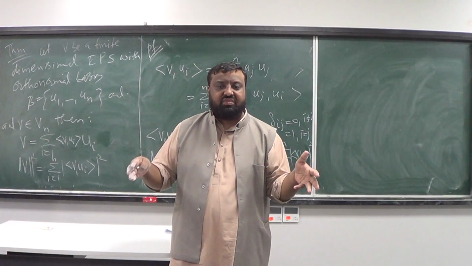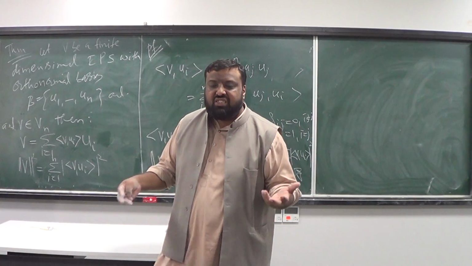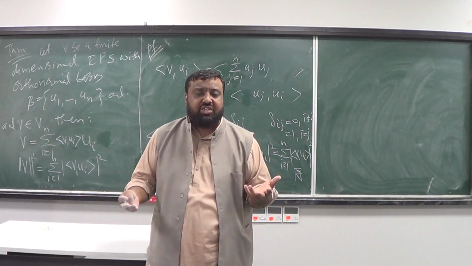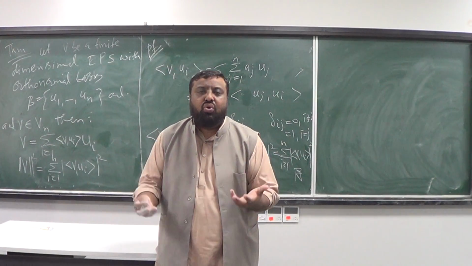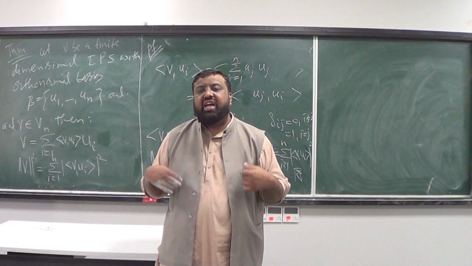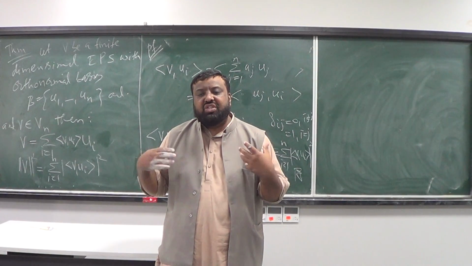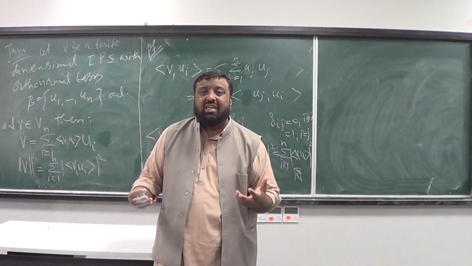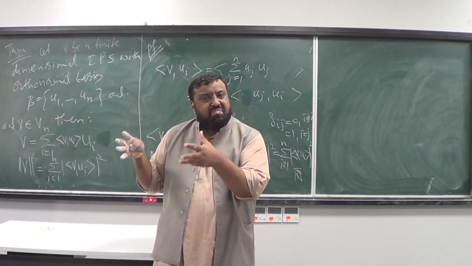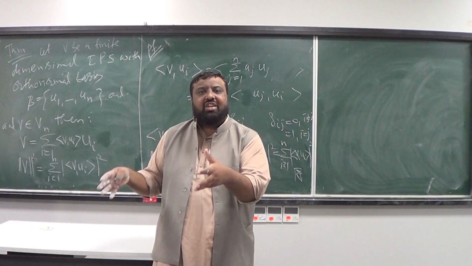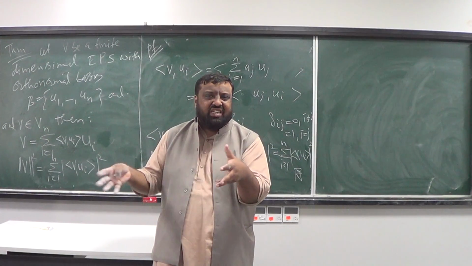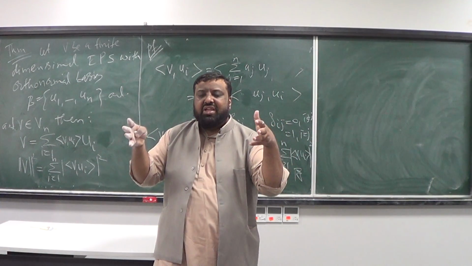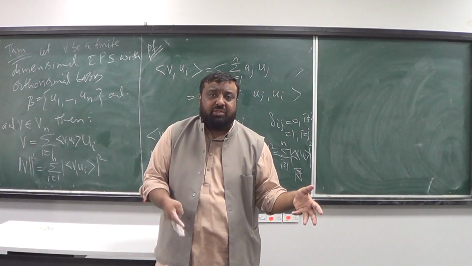Imagine I have a finite dimensional inner product space for which I know there is some basis, and I want to turn that basis into an orthonormal basis. How can I turn my general basis, the basis that is not necessarily orthonormal, into an orthonormal basis? The answer is simply to apply the Gram-Schmidt process.